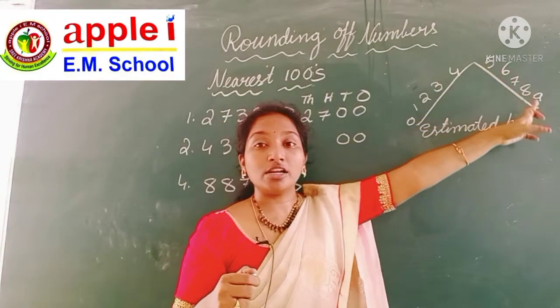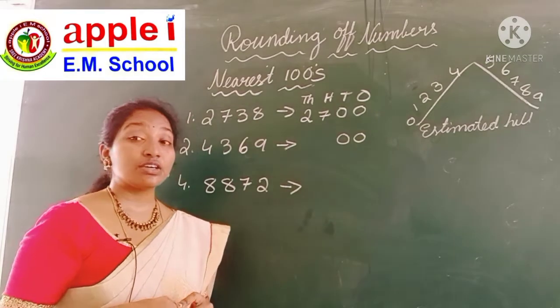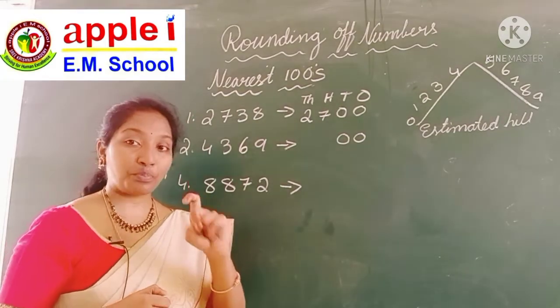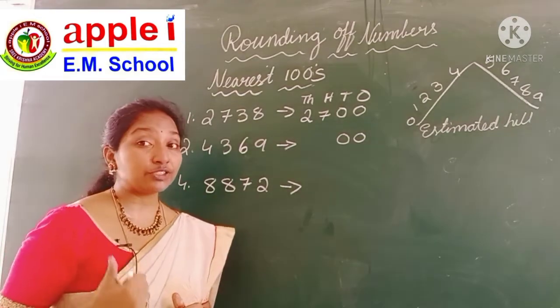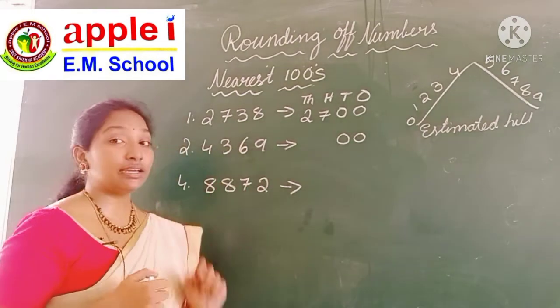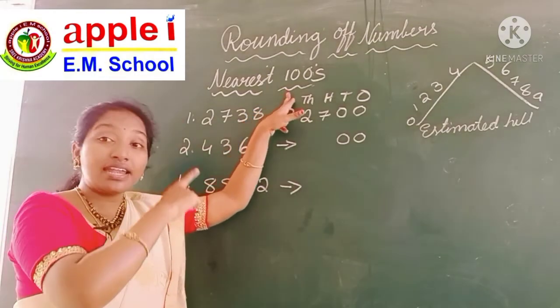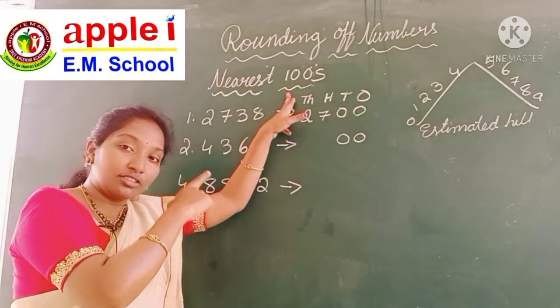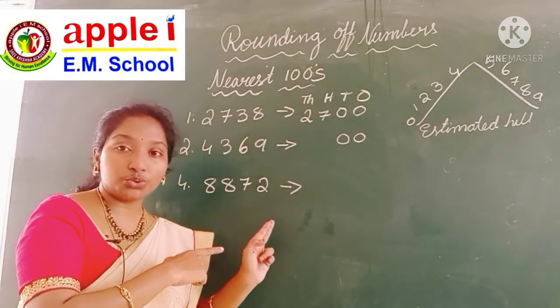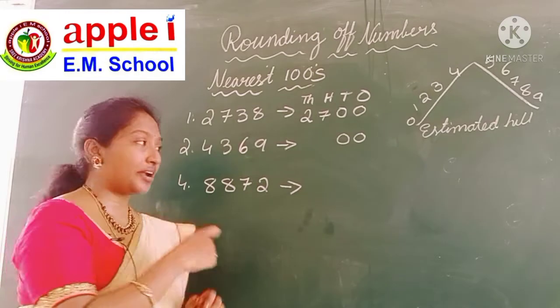The ball will go to the other side of the mountain. That means we will get 1 point. So where we have to add that point? We have to add in hundreds place. Here we are doing nearest hundreds. So add 1 to hundreds place.